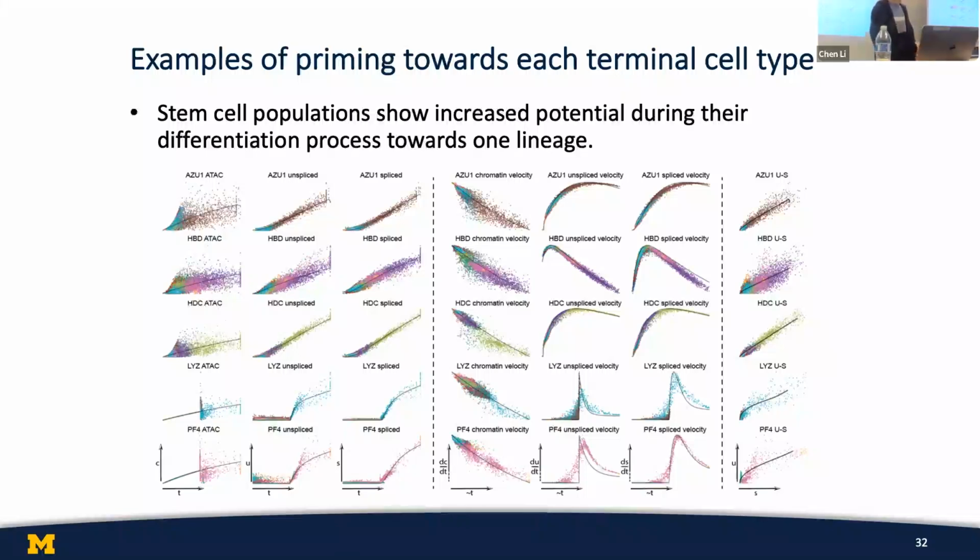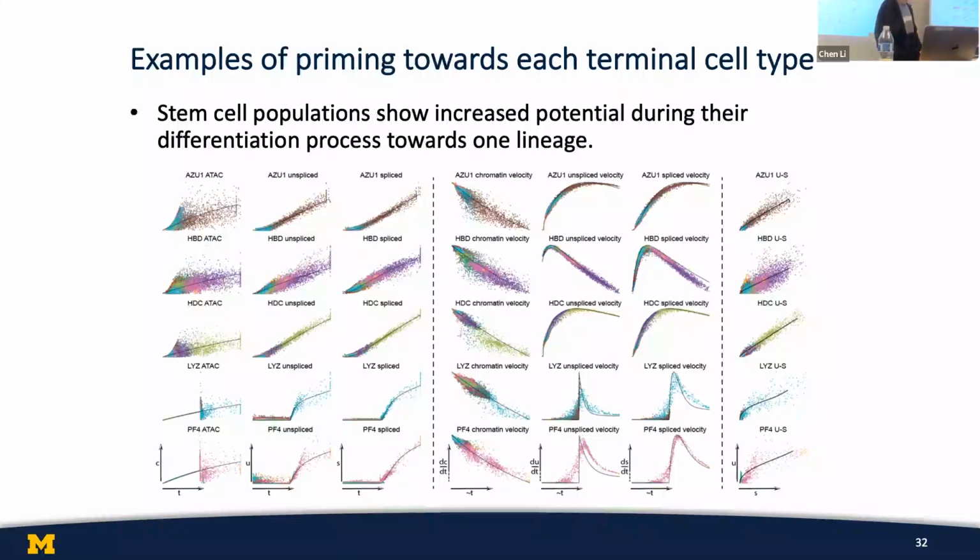Just like before, we see that there are certain regions where the chromatin has already increased, but the unspliced stayed at 0. Besides the absolute expressions for the chromatin, unspliced and spliced, we can also plot the velocity instead, because this is actually a mathematical model. It has the values of dC over dT, dS over dT, for example.